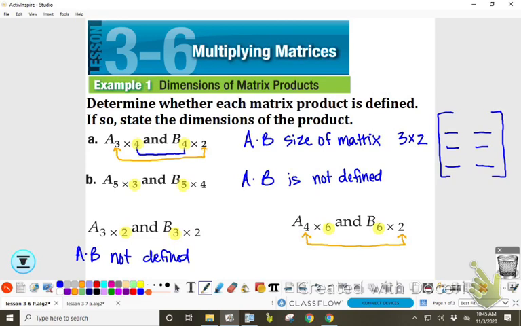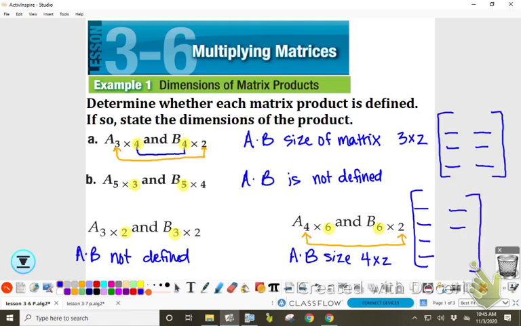It's the rows of the first one and the columns of the second one. So this one is defined. A times B would be a 4 by 2, that's 4 rows by 2 columns.